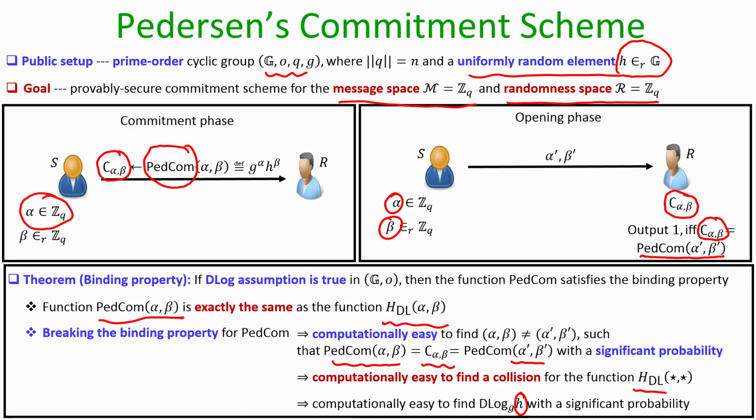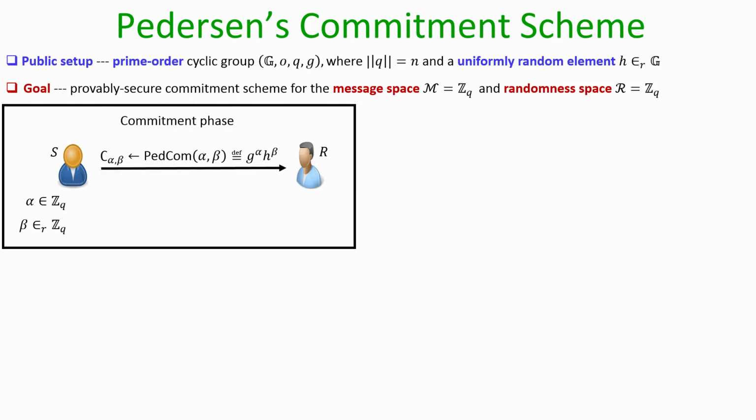But that goes against the assumption that the discrete log assumption is true in the underlying group. So, if at all the binding property is broken, then the discrete log problem is also easily solvable in the group, which is against the assumption that the discrete log problem is difficult in my group. So, that proves your binding property.